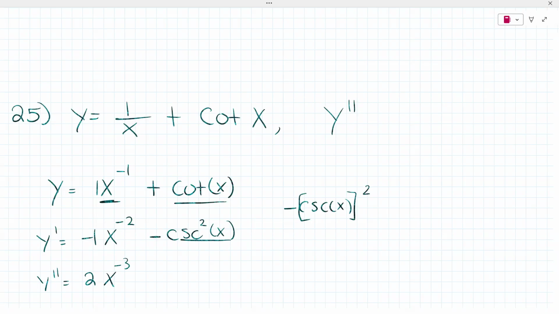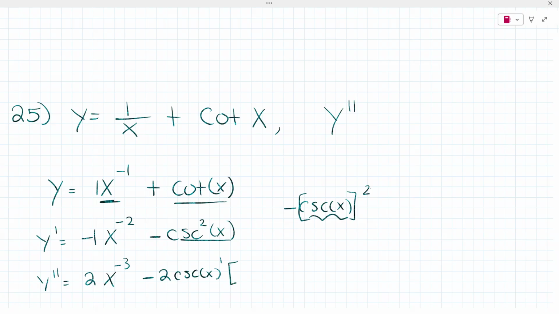That is the same thing. So you have to use the power rule and the chain rule. Let's start with the power rule. So 2 times negative 1 is negative 2. Leave this alone for right now. And then the old power minus 1, so 2 minus 1 is 1. Then you take the derivative of cosecant, because that's part of the chain rule.